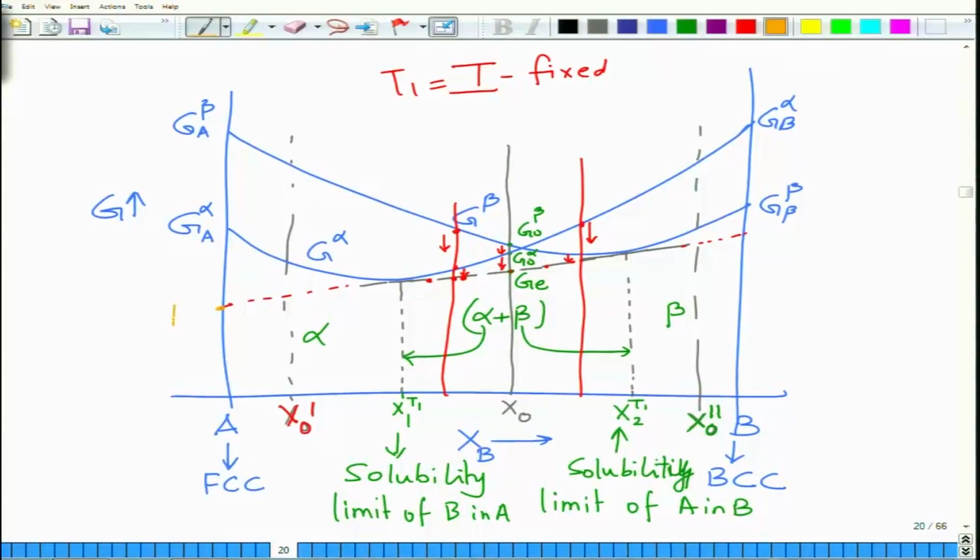So, this is for instance mu A, and this is for instance mu B. What this tells you is that you have chemical potential of A on this side, you have chemical potential of B on this side, and since you have a common tangent to G alpha and G beta, it means that chemical potential of A in alpha is equal to chemical potential of A in beta, and chemical potential of B in alpha is equal to chemical potential of B in beta.